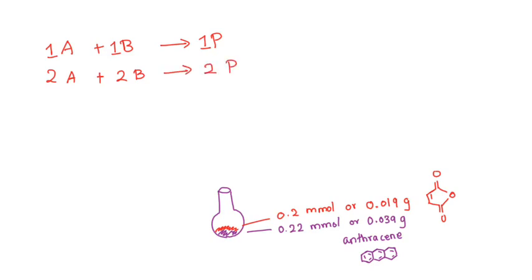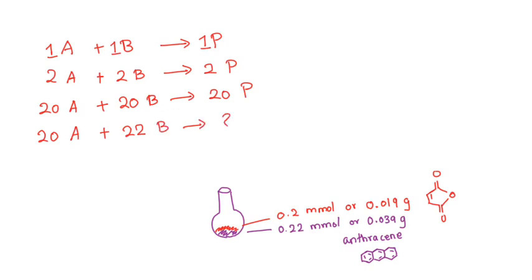Twenty molecules of A and twenty molecules of B would give twenty molecules of product. What if you add twenty molecules of A plus twenty-two molecules of B? How much product would you get? Twenty-two or twenty? You would get only twenty, right?